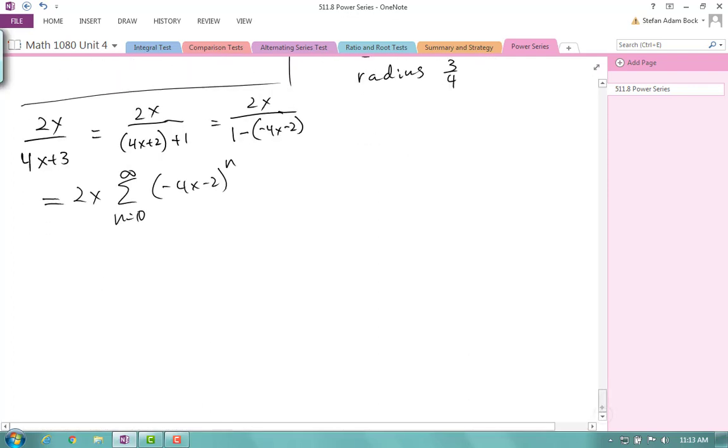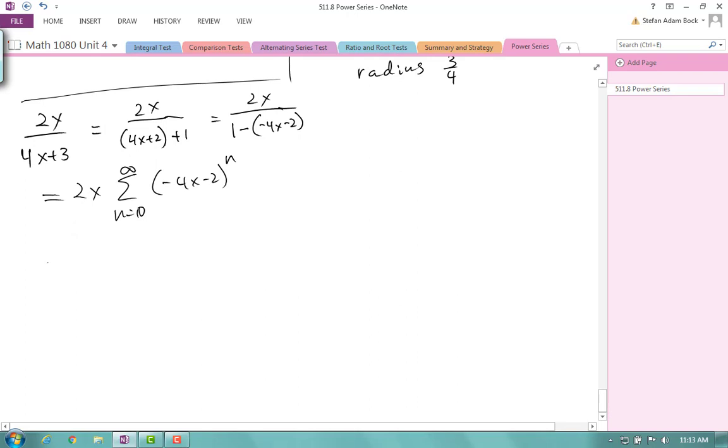Now this one requires some rewriting. I can't tell for sure what the things are going to be based on my experience, but I can factor out a 2, and I'm going to factor out a 4 and a negative 1. So I'll have a negative 1 to the n, that takes care of the negativity. And if I factor out a 4, I'll have a 4 to the n, and what will be left inside is x plus 1/2.